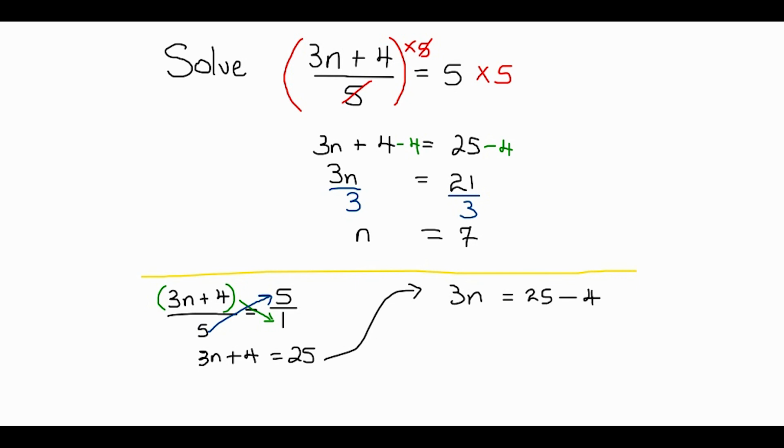Next, I'm going to divide both sides by 3 because I want to solve for n. So that will leave me with n being 7. So both ways will still give us the same answer. It's just a different way of referring to the process itself. So this is how you approach solving an equation involving an algebraic fraction.